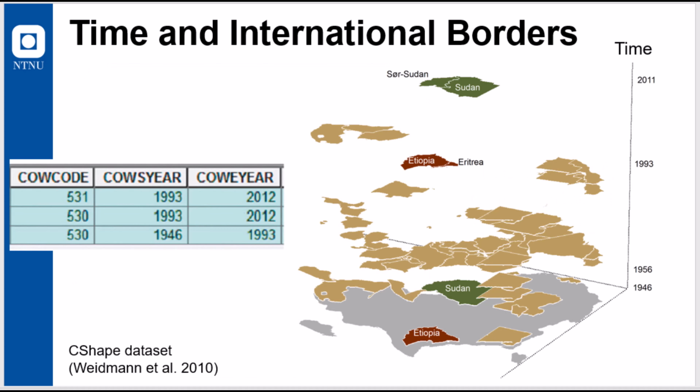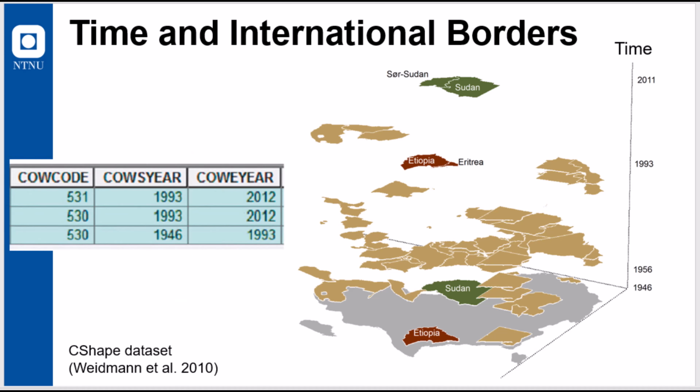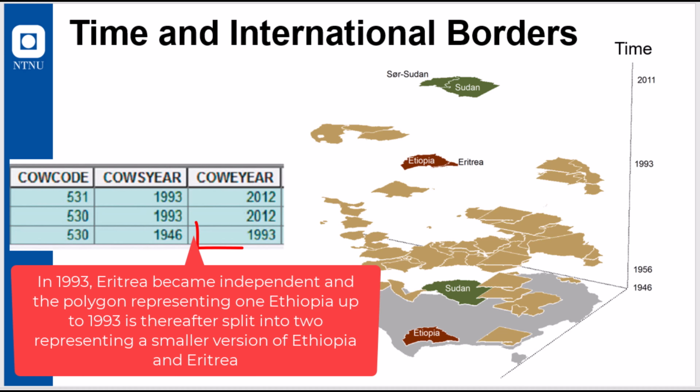One such example is the C-shapes dataset that shows the history of national states, their capitals, and their boundaries. Here, each polygon is having a start year, for instance, when the African countries became independent, and an end year, for instance, when the country stopped to exist because it was separated into smaller units, as was done for Sudan and Ethiopia.